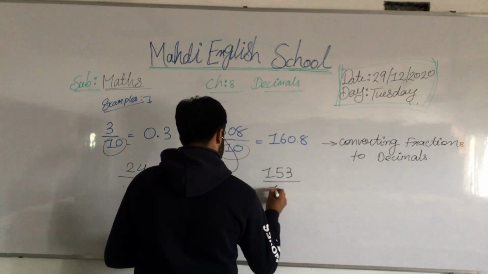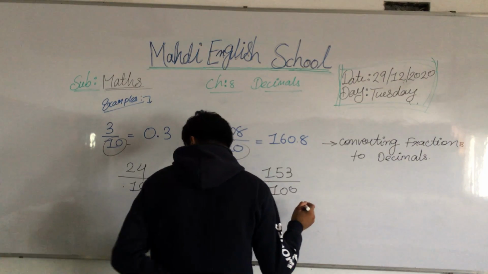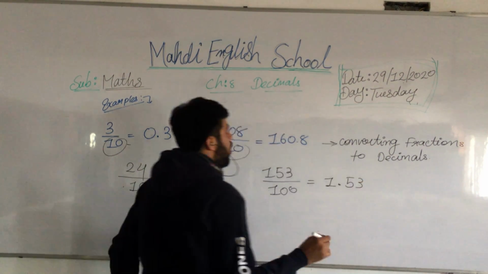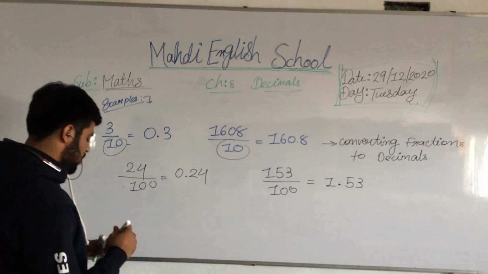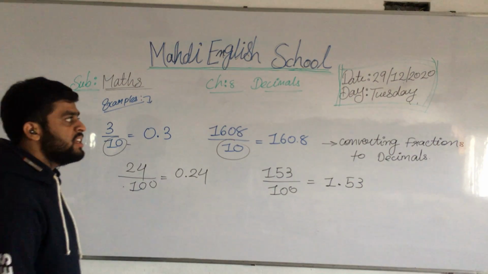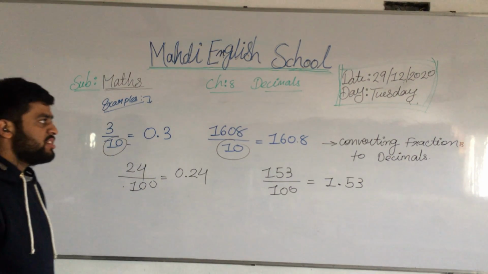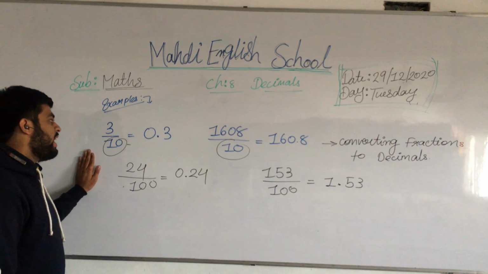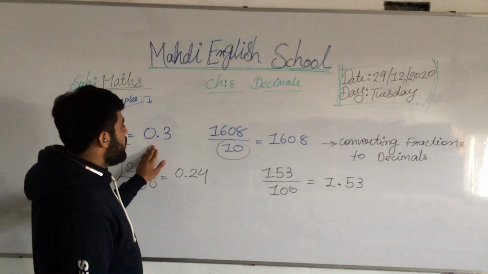153 upon 100, so the answer is 1.53. We all recall what we have done in the last session. It's an example: 3 upon 10 is converted into 0.3.